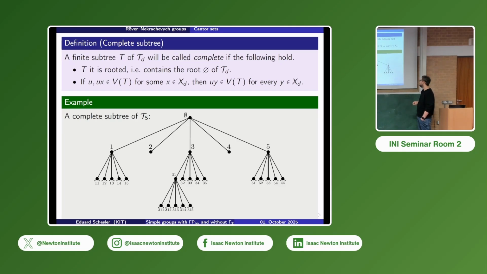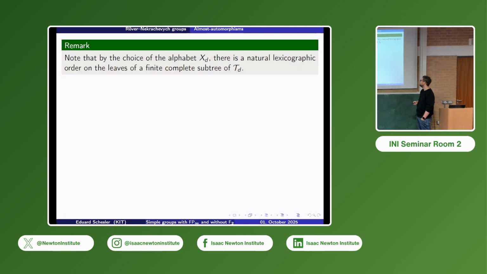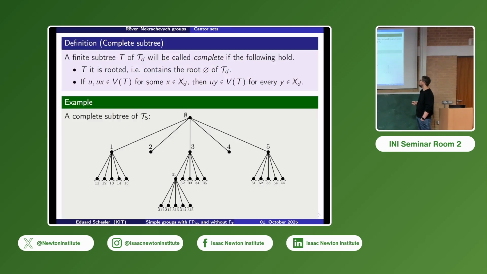This is a complete subtree. And here we finally get to the point where there is an advantage of fixing the specific alphabet 1 to D, since now we have a natural enumeration of the leaves of the complete subtrees.